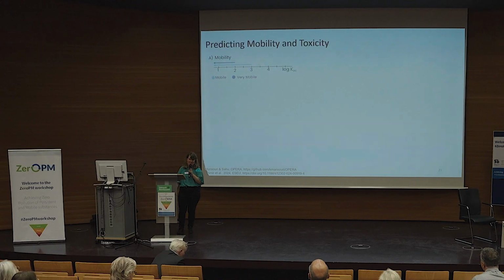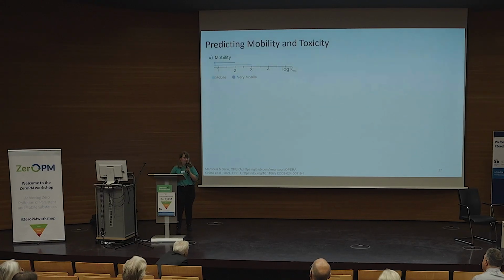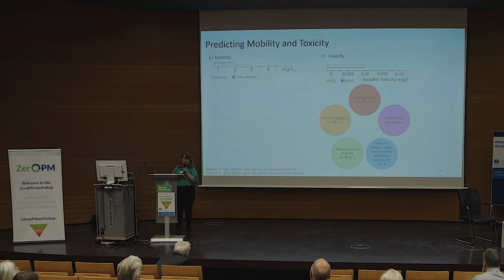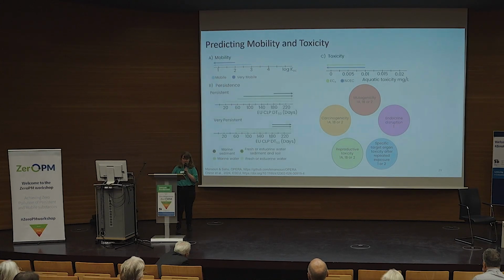What about mobility and toxicity? And I'll be quick here because you've all seen this figure before. So for mobility, we use the CLP definition. As for toxicity, this is of course based on multiple endpoints, but we will be working with endocrine disruption. And for persistence, this is normally based on half-lives.